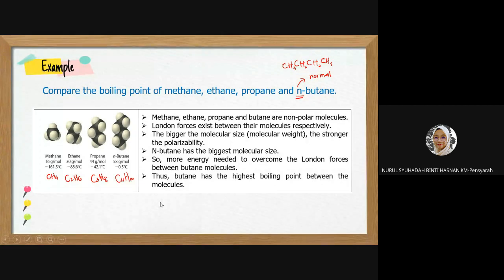Okay, so dekat sini, bila kita nak cerita tentang boiling point ataupun melting point, apa yang kita nak tengok adalah intermolecular forces between molecule.